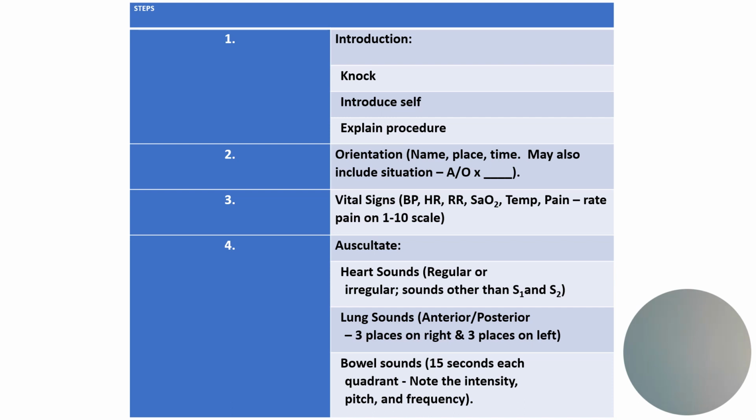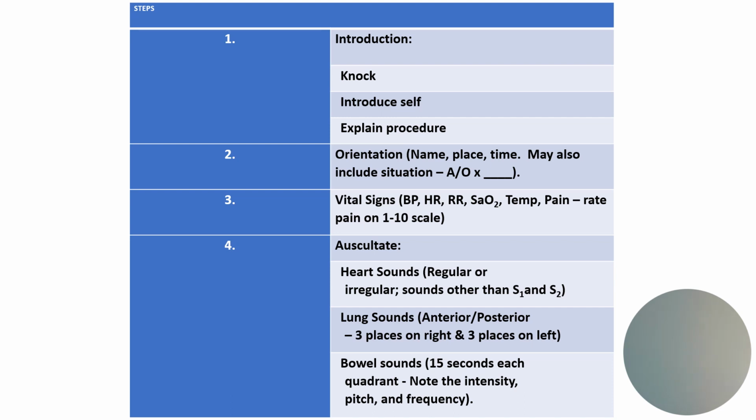Then we move on to our vital signs. Vital signs will include blood pressure, heart rate, respiratory rate, the oxygen saturation, their temperature, and their pain level. Now, if you do not have an oxygen saturation probe at your home, that's fine. Just identify that you're placing a clip on their finger to get their oxygen saturation.